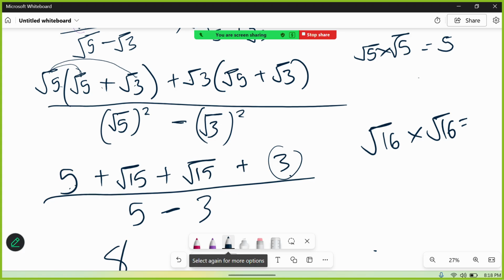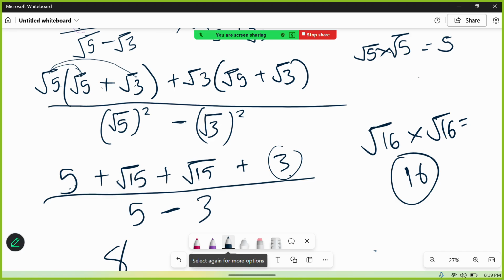No, it's 16. Do you get that? Once you are multiplying roots of the same number, you don't even need to think of solving at all. You just say it's 16. Are you getting that?